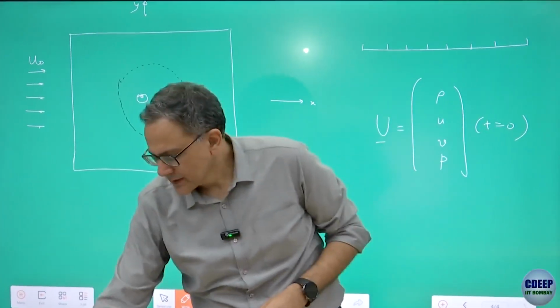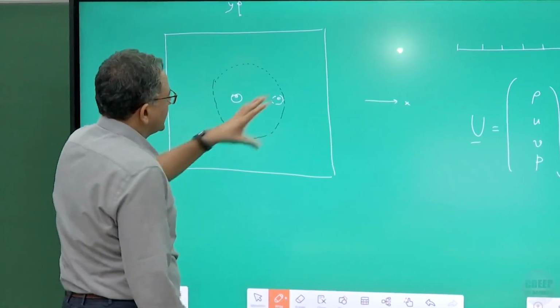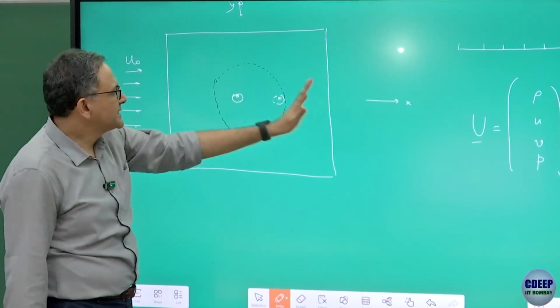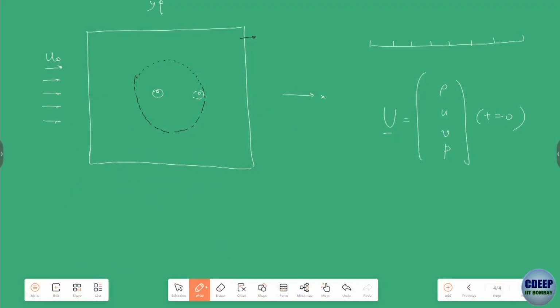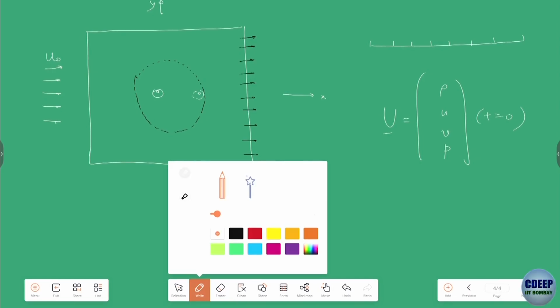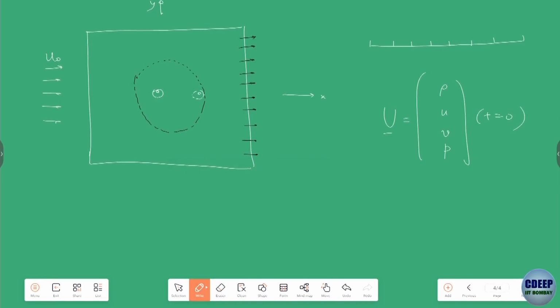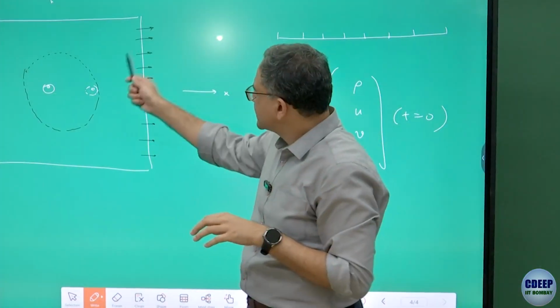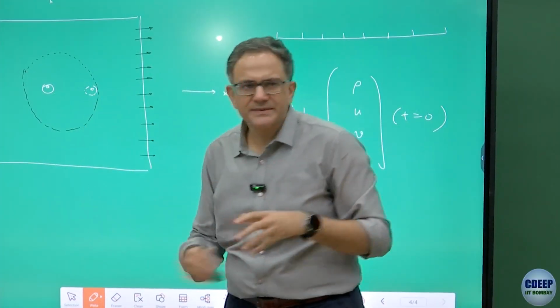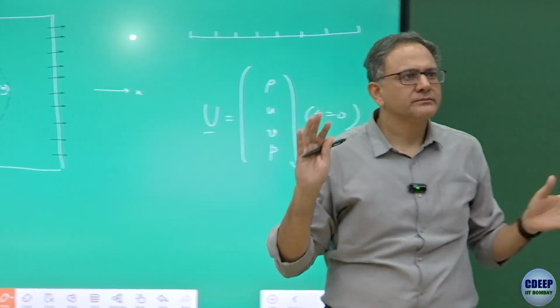So this boundary is what is called an outflow boundary, because the flow is going out of this. Through this boundary all these three disturbances have to be propagated out without reflection.